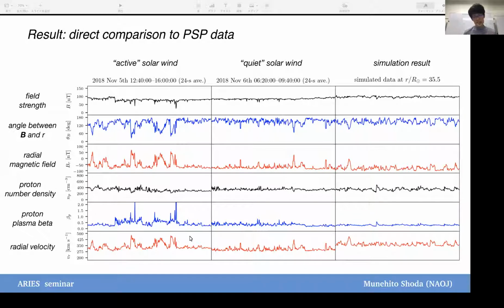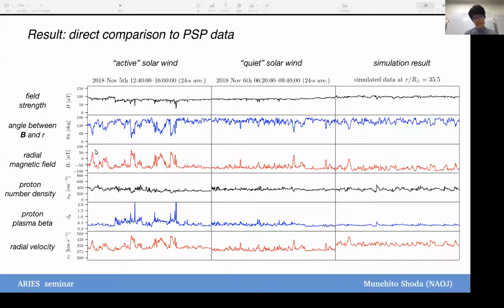The solar wind in the first encounter of PSP is classified into two types, the active solar wind and the quiet solar wind. In the active solar wind, we have a large fluctuation in the radial magnetic field, and consequently in the angle between the magnetic field and the radial direction. We call this abrupt increase in the radial magnetic field magnetic switchbacks.